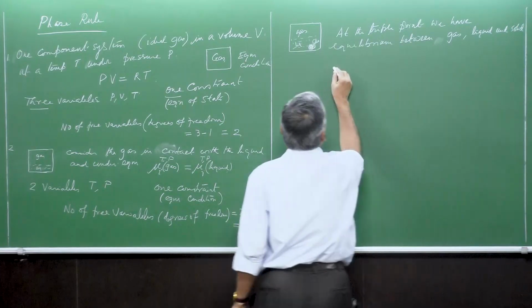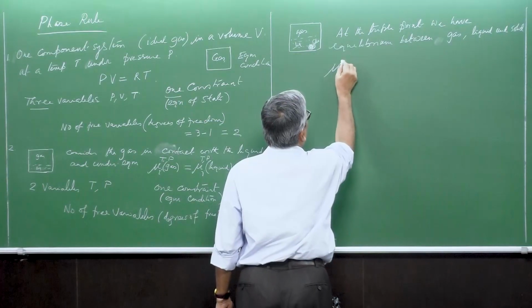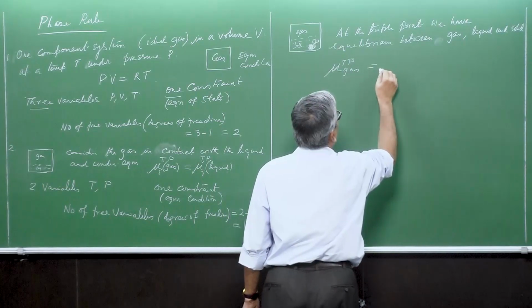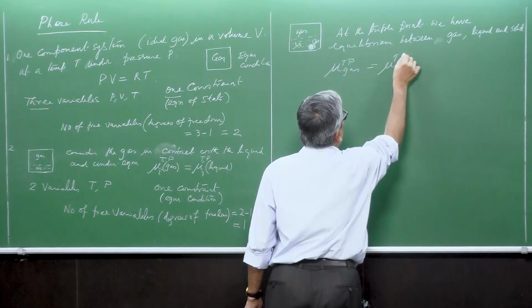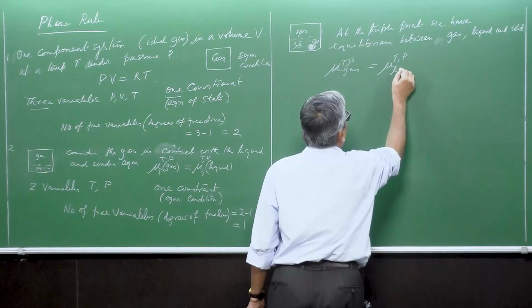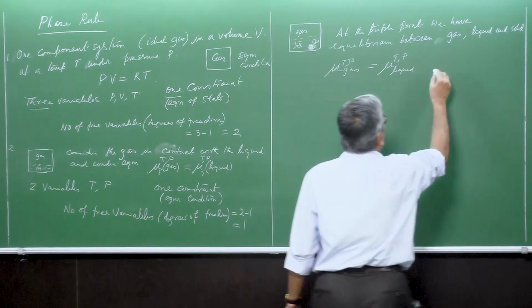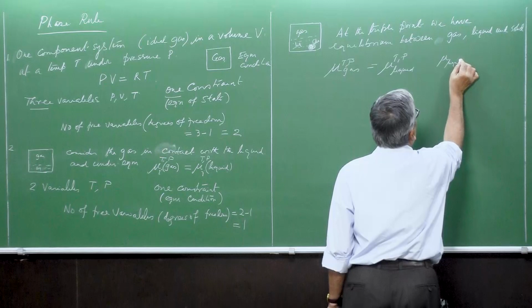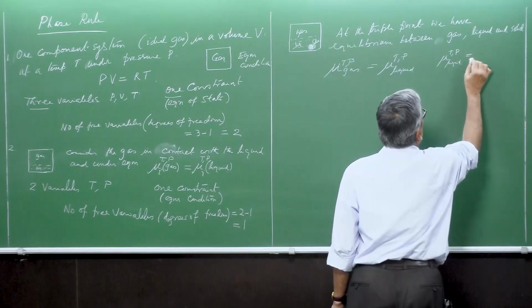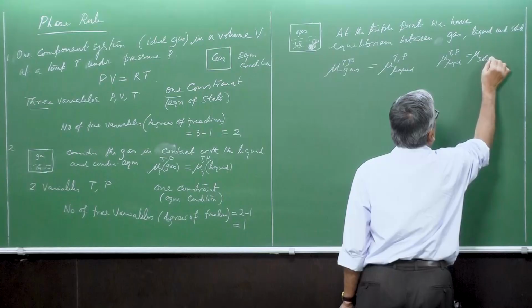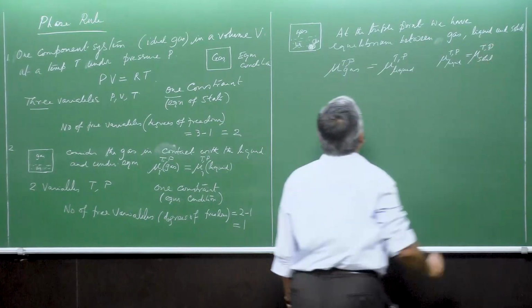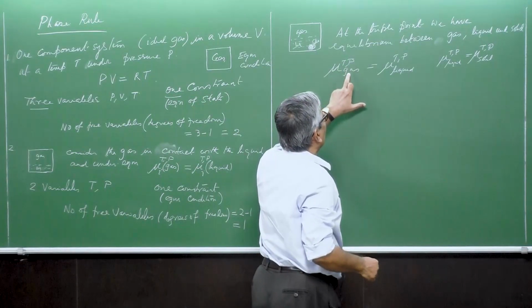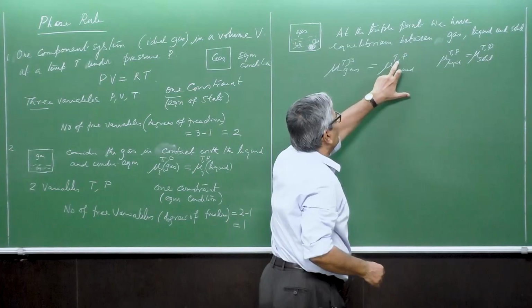So I have two conditions: mu at temperature T and pressure P for the gas is equal to mu for the liquid. Then I have another condition: mu liquid equal to mu solid. So I have two equations, and mu is a function of T and P for each phase.